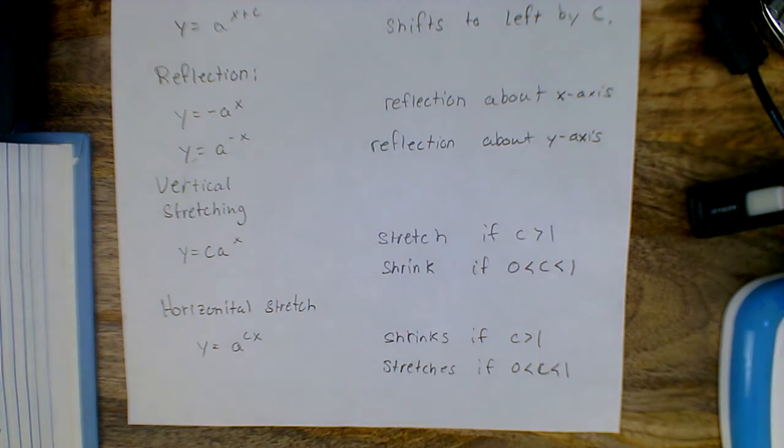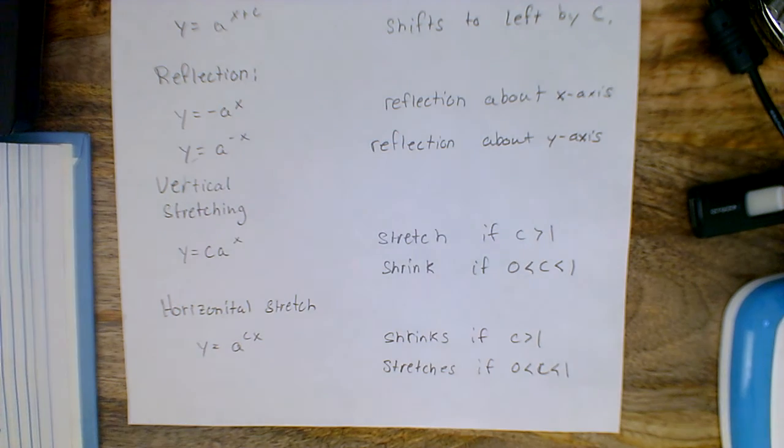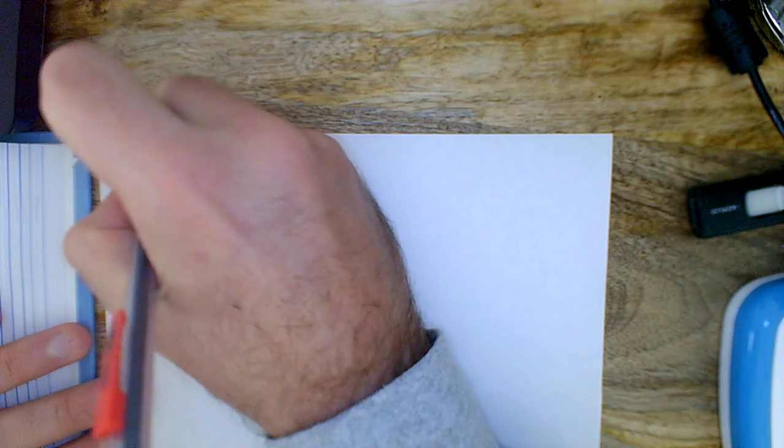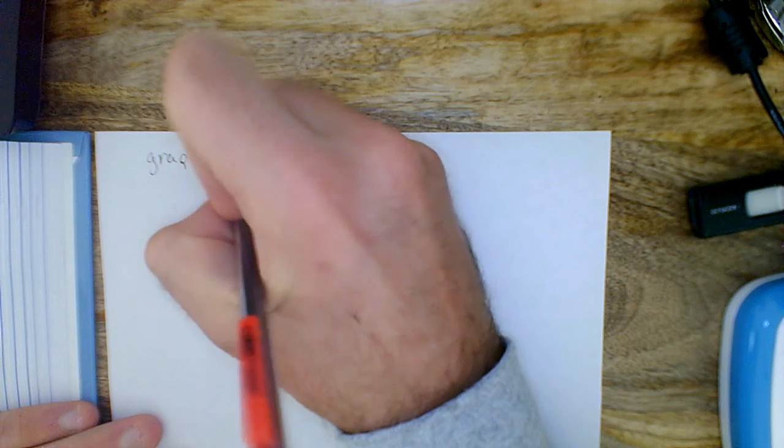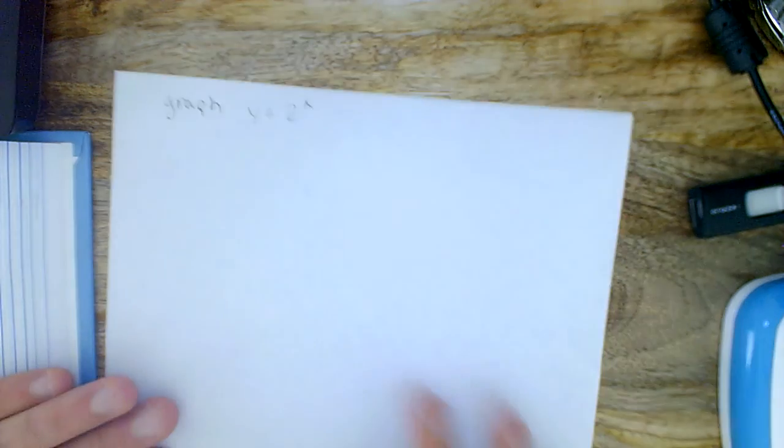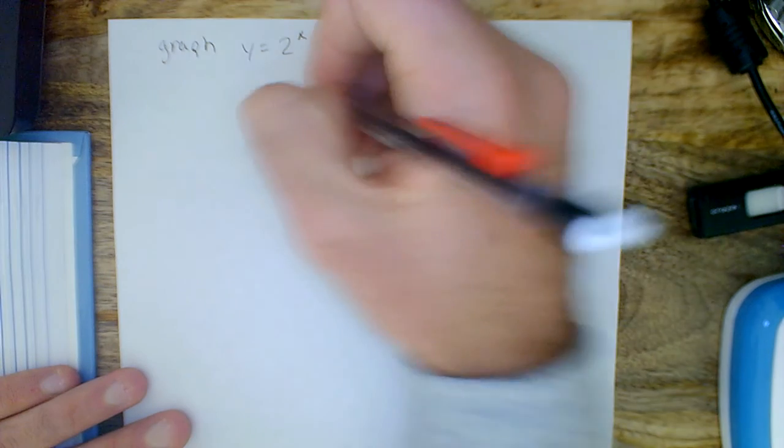we are going to do some examples about graphing some other functions. First we're going to graph y equals 2 to the x.